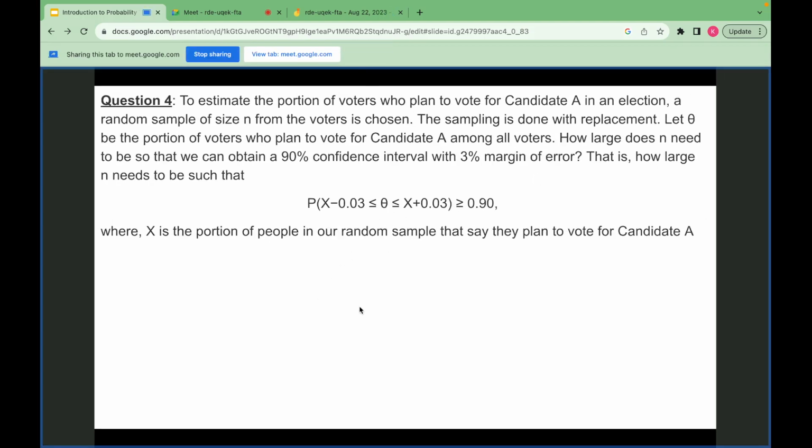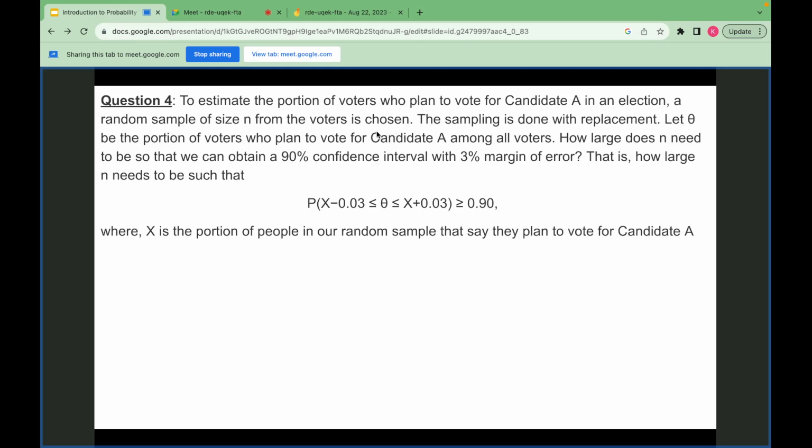Moving to the next question. To estimate the proportion of voters who plan to vote for candidate A in an election, a random sample of size n from the voters is chosen.